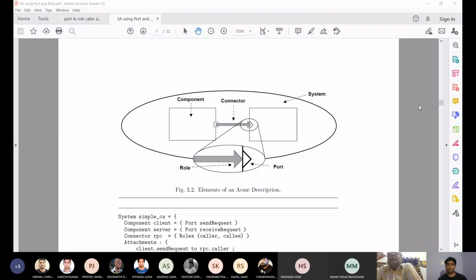Role is something to enter. And port is a triangle. Just that. Something where things enter. As we have ports in laptop and desktop, the similar thing is a port in the component.